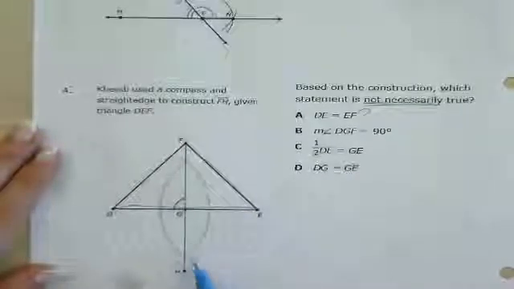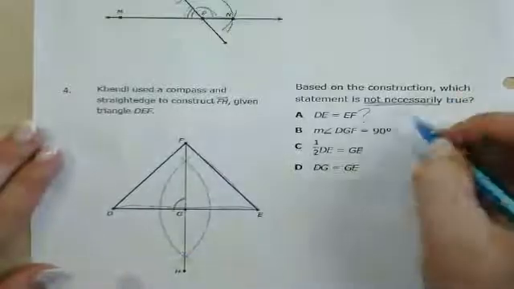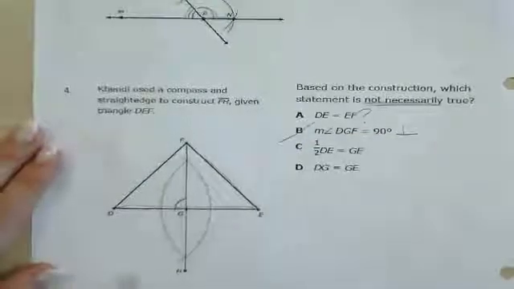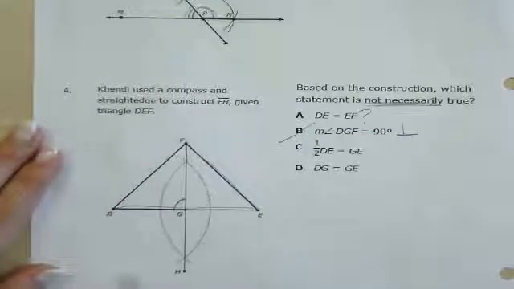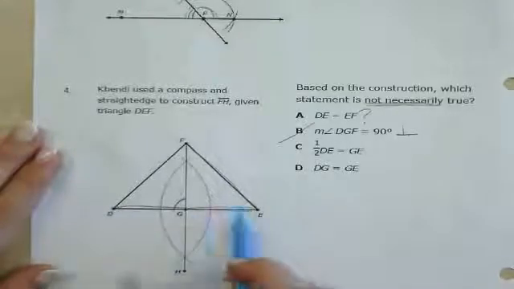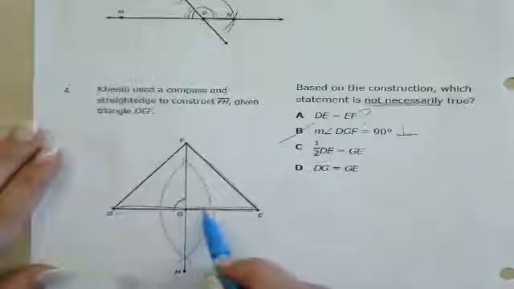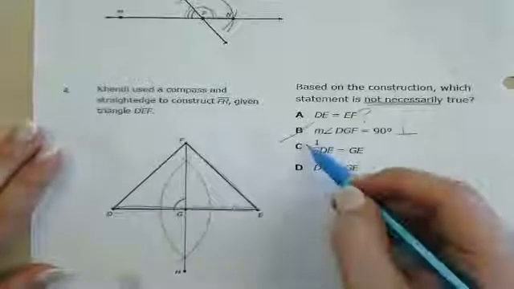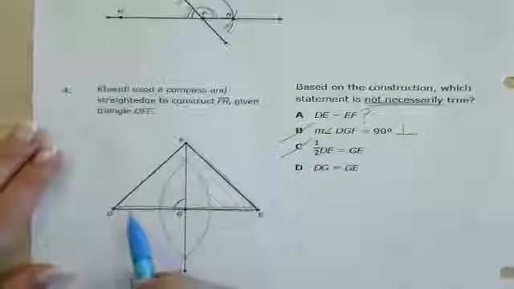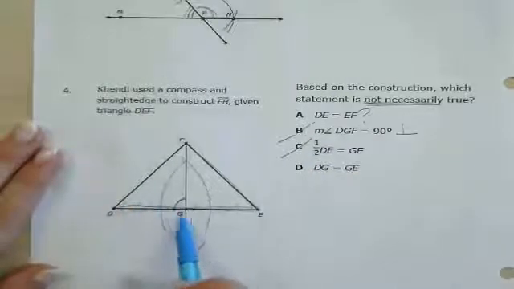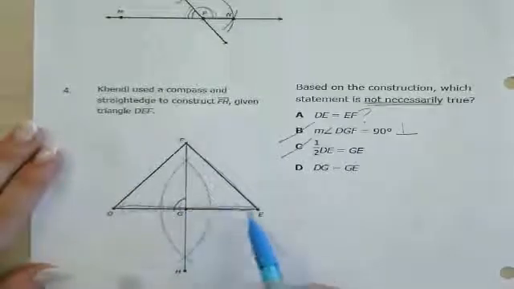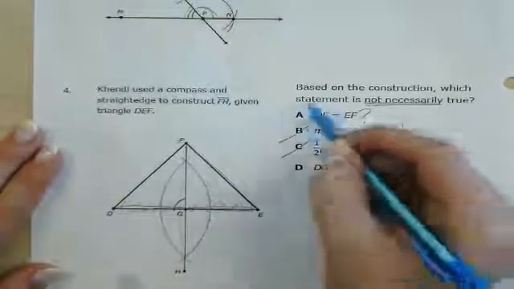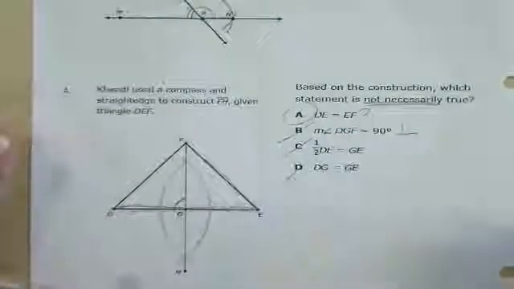Right, because those are what kind of lines right here? Right. Okay, so that one is true, so it can't be that. Half of DE, this bottom line, is equal to GE. Right, it's supposed to cut it in half, so that one would be true. And then the last one says that DG is equal to GE. That's also true, so it does have to be answer choice A. All right.